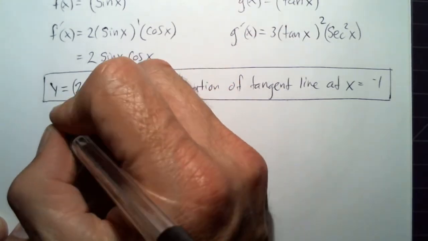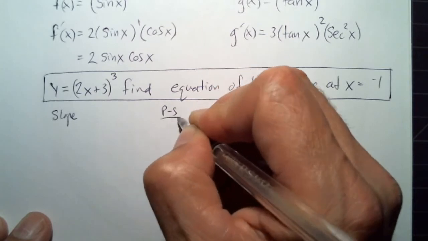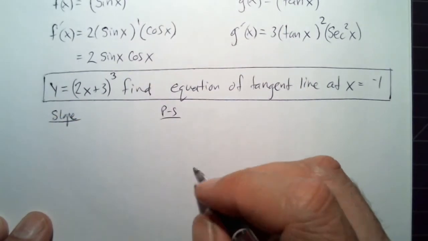So we have to find the slope of the tangent line, and then we have to find the equation of the tangent line.